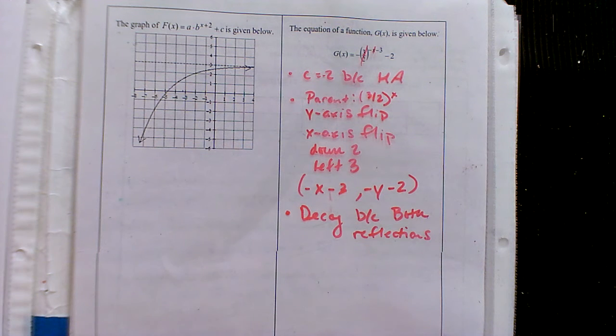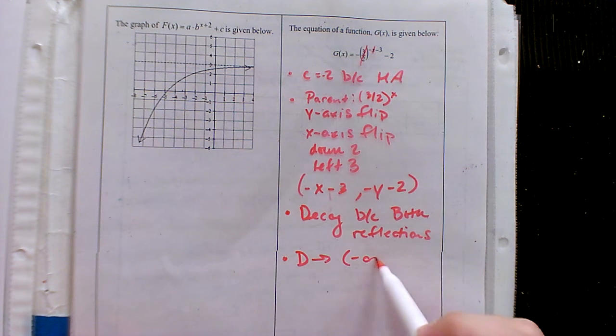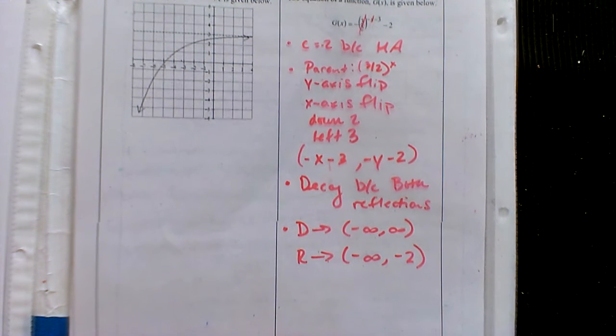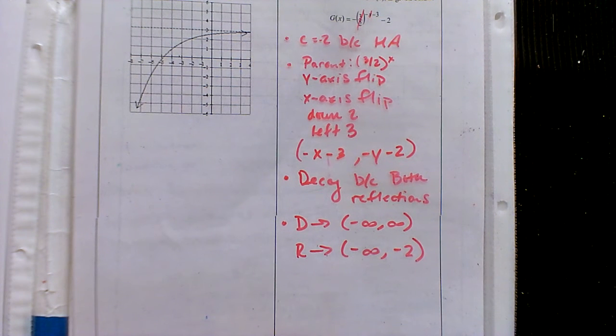Yeah? The domain is negative infinity to positive infinity, and the range is negative infinity. Wonderful. I think there's one more thing we can write. Kind of based off this range here, is the graph located above the asymptote or below?